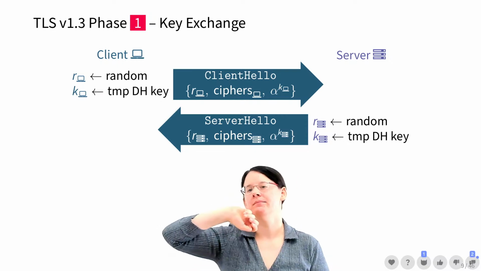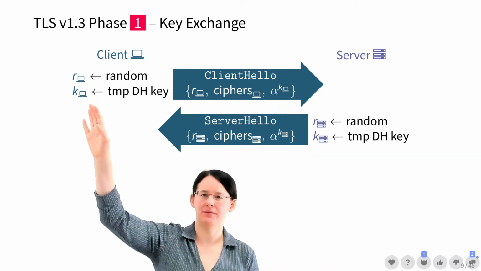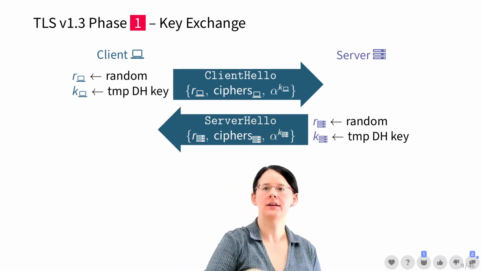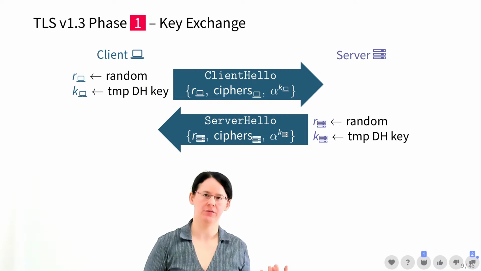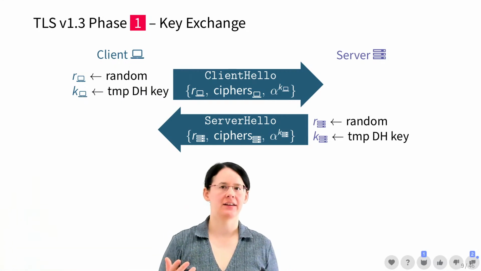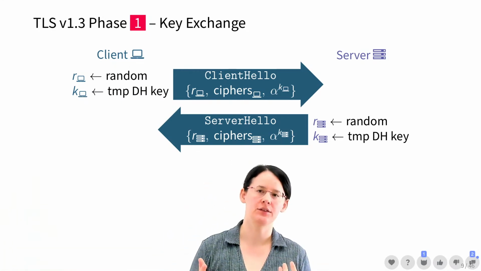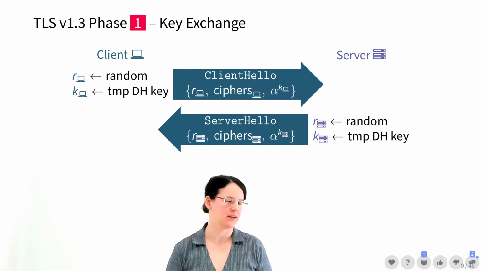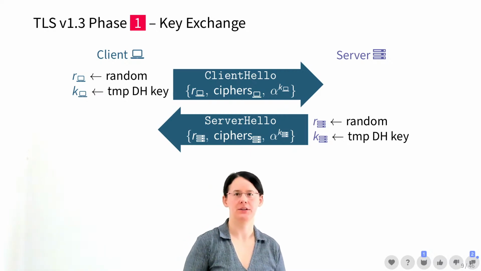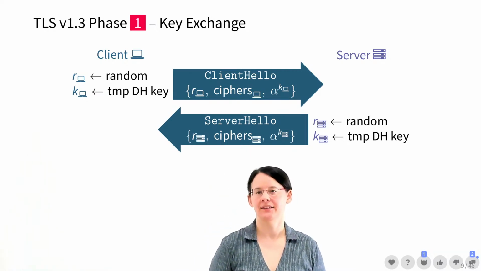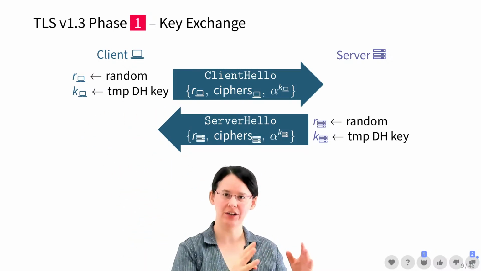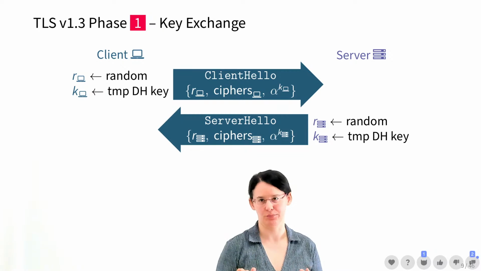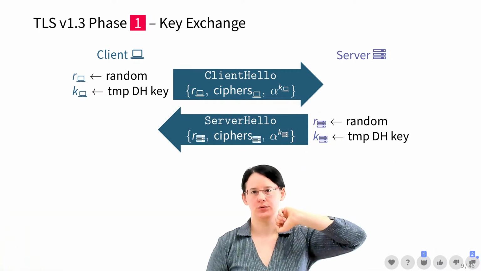And to be more correct, the client might not just send one Diffie-Hellman public key. If it isn't sure what the server's preferences are, because there are different key sizes that you could want to use, or different Diffie-Hellman variants, for example on different so-called elliptic curves, then the client might generate private keys for each of these different variants that it supports and send all of them to the server.